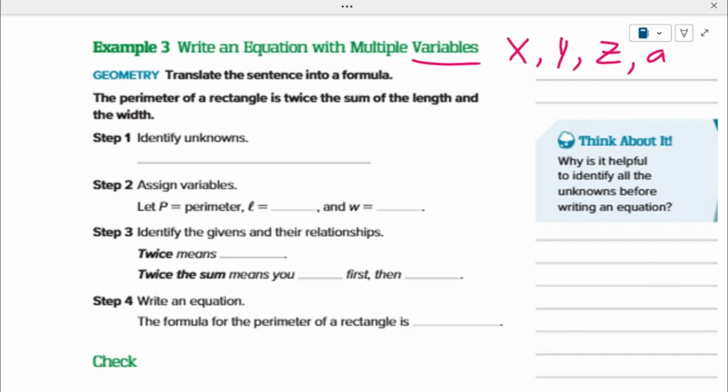So we have perimeter, we have rectangle, we have twice. That sounds like an operation. Sum sounds like an operation. Length and width. Okay. So the unknowns in this case are the perimeter and the length and the width. We don't know what any of those are.